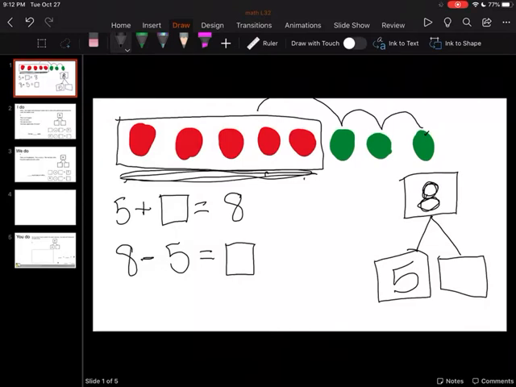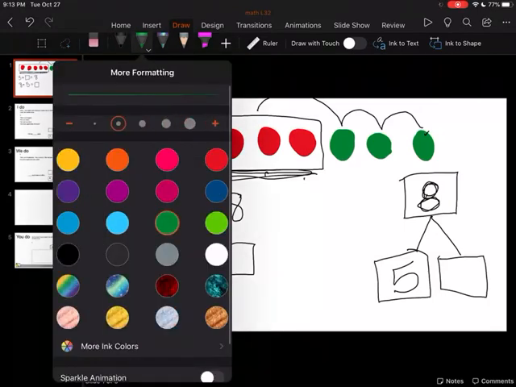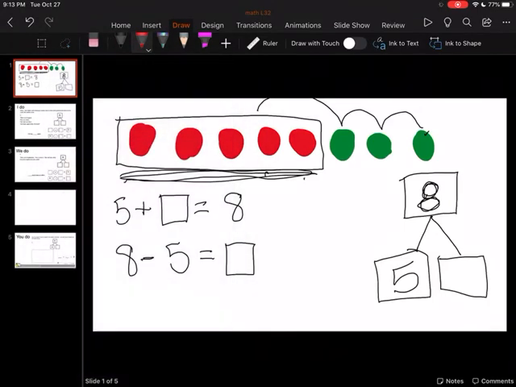How many hops did I use? 1, 2, 3. Awesome. 3. So 5 plus 3 equals 8, and that means 3 goes over here in our number bond.